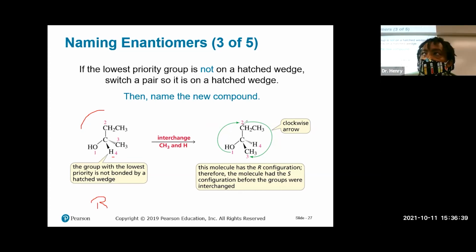And this guy is also an R, but we wouldn't put the H on the lowest priority, right? So that guy gets 4, 3, 2, 1.